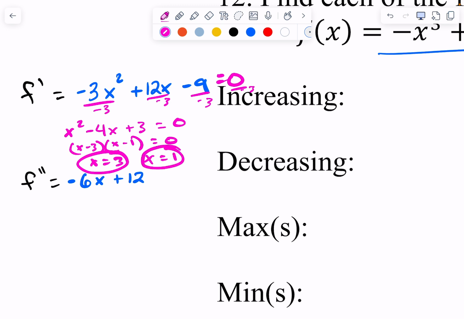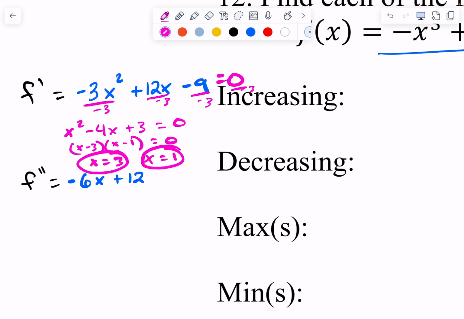So those are potentially what? Those are critical numbers, but they are potentially what? What do the first derivative guys tell you?